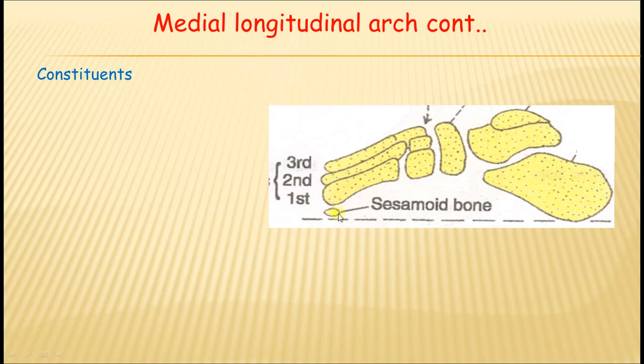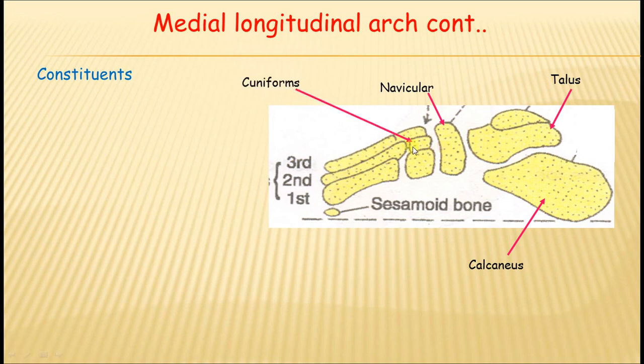So the posterior pillar is mainly formed by the calcaneum, especially the medial tubercle of the calcaneum. Then you have the talus, the navicular, the three cuneiforms and the medial three metatarsal bones.